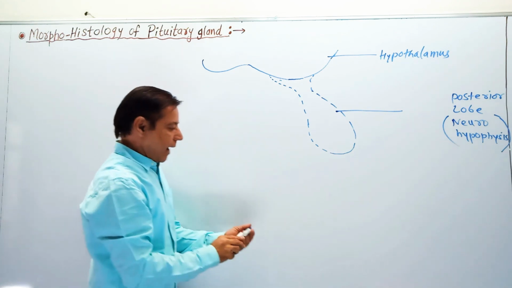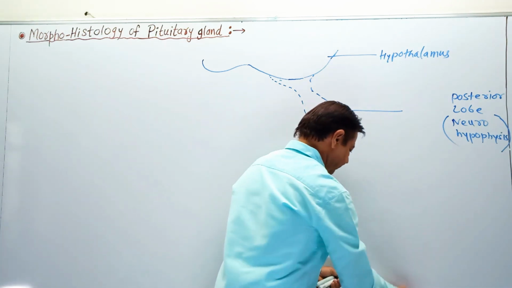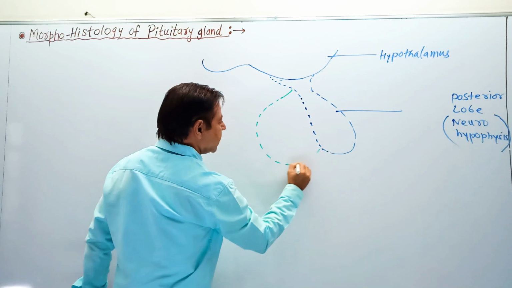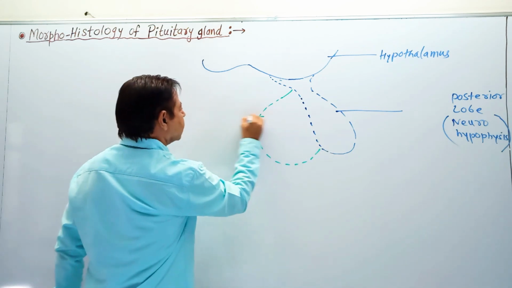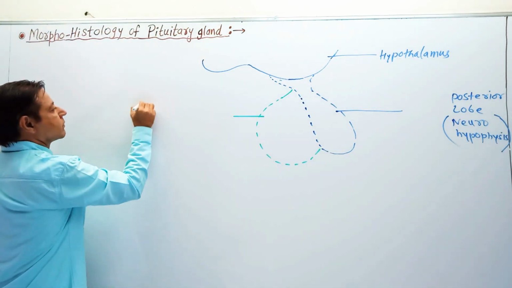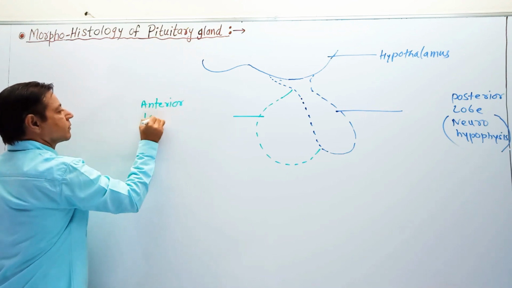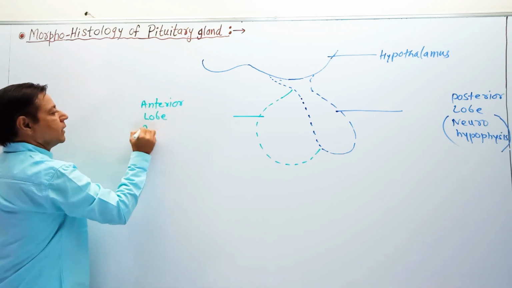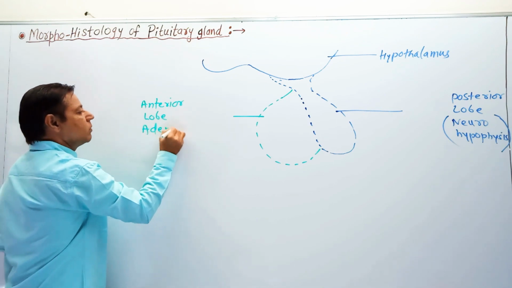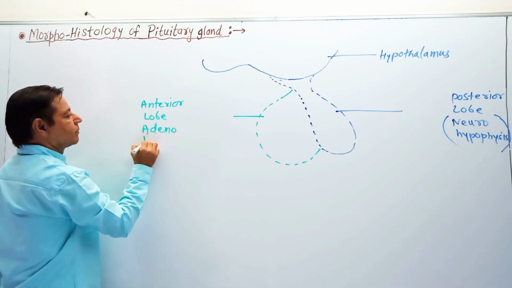And the anterior lobe is lobe of pituitary. It is also called adenohypophysis.